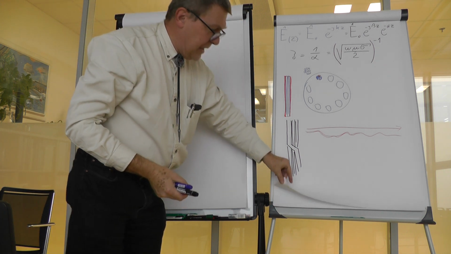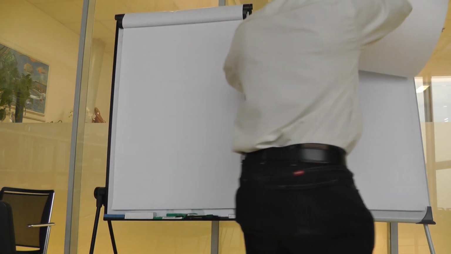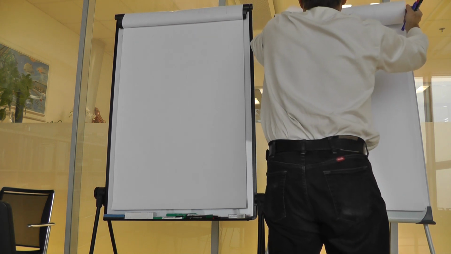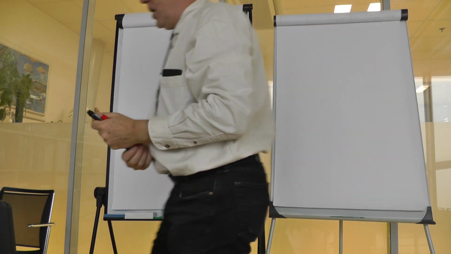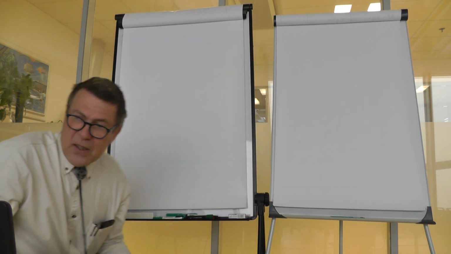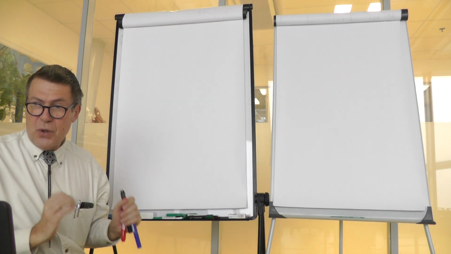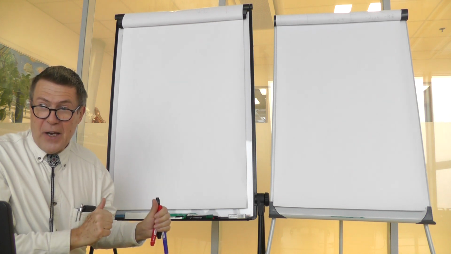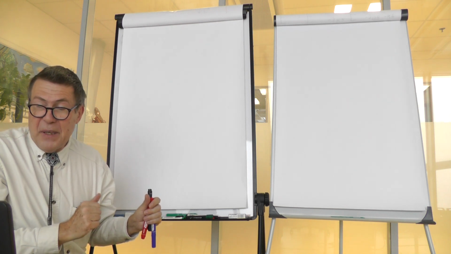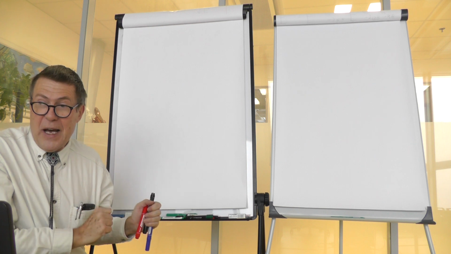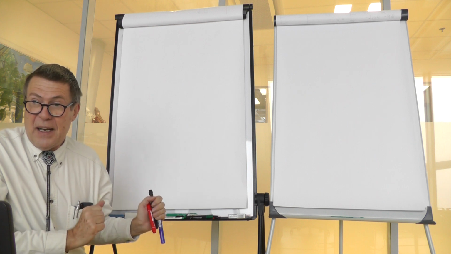Now let us consider a volume which has no sources of electromagnetic waves inside. So we have a volume with no sources of electromagnetic wave. That does not necessarily mean that there is no electromagnetic wave. It could come from outside.